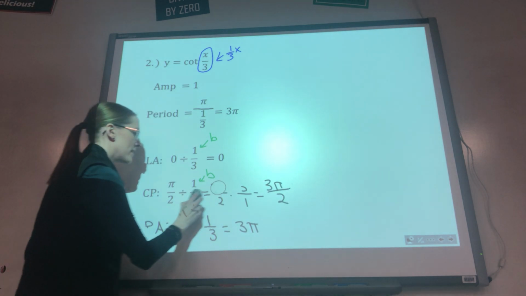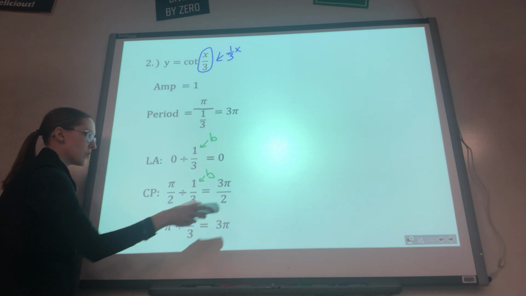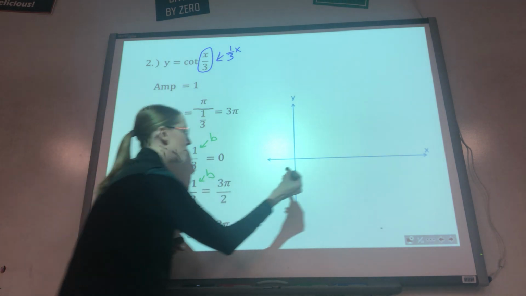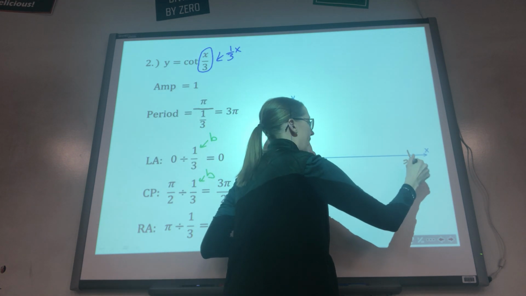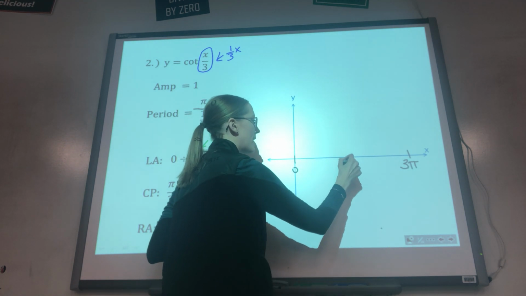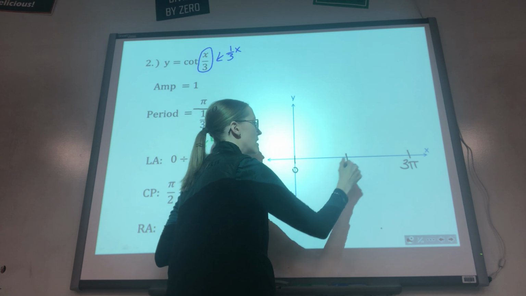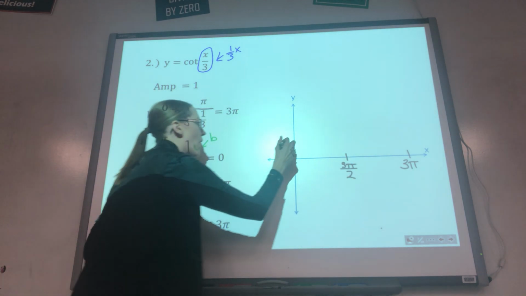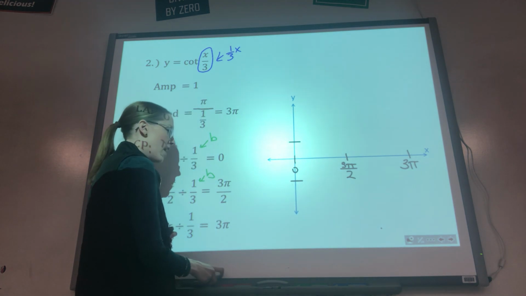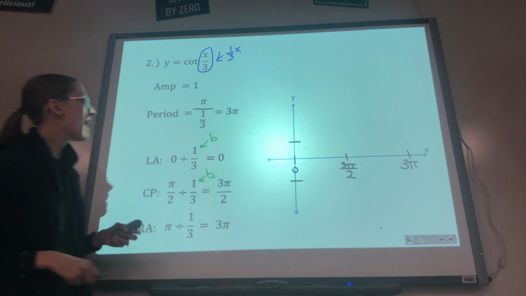All right, let me catch up here to the PowerPoint. Now I'm going to say, well, here's 0. So then that can be the 3 pi, that can be the 3 pi over 2. So an amplitude of 1, there's that.